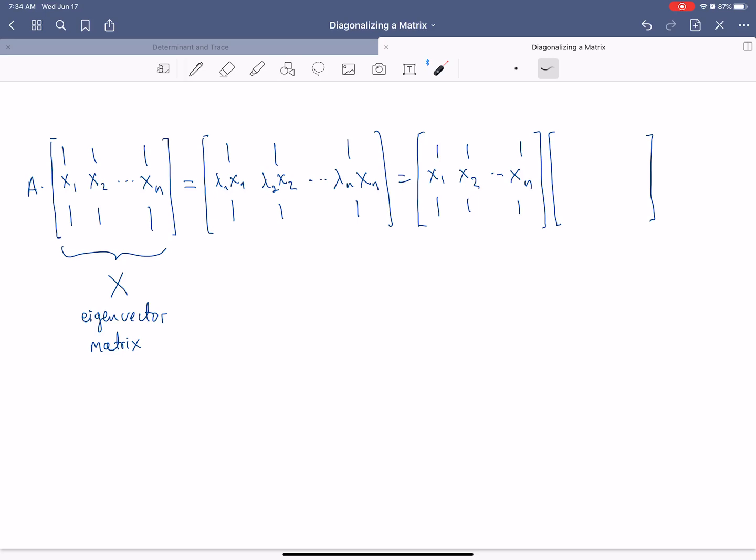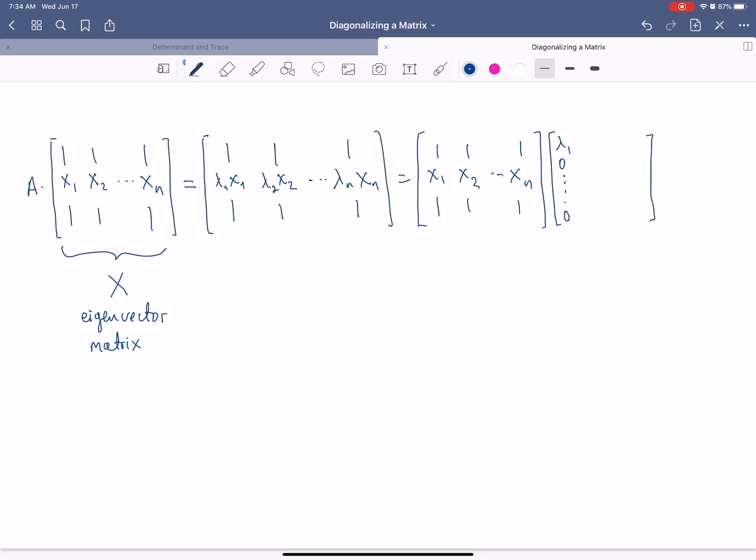So to get this matrix, we need to perform column operations, because it's on the right-hand side of X. This matrix represents column operations. I want this matrix to give me lambda 1 x1 by using the first column, because the other columns are linearly independent from x1, so I know they don't come into this lambda 1 x1. The way to do that is to put lambda 1 in the first column and then everything else 0.